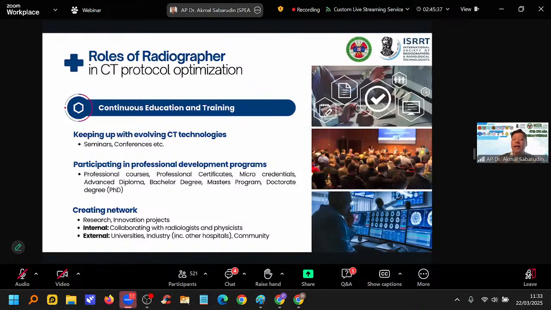Some of us are lacking in this, because it is good to have continuous education, like what we have today. We update ourselves on the latest imaging techniques that I've been practicing around the world, and what is the best solution to solve this issue. So, keeping up with evolving CT technologies. How?